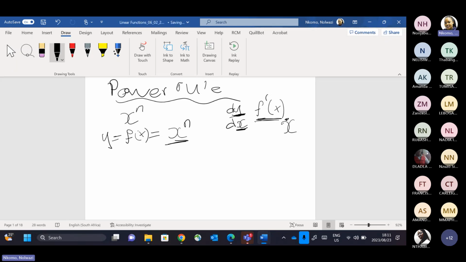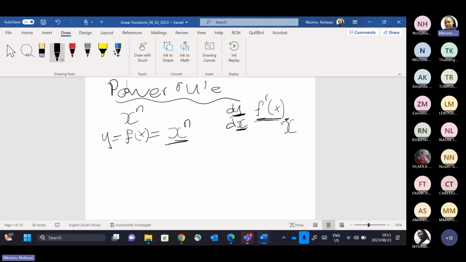Let's say we are given this function y equals f of x equals x to the power n, and we are asked to differentiate it. Then you need to apply the power rule, which is the basic rule of differentiation.